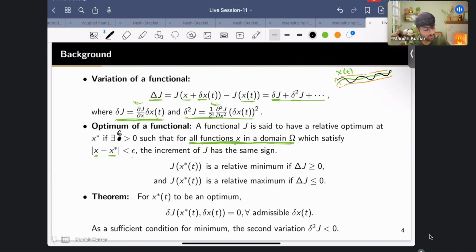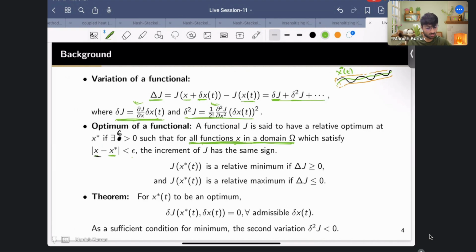The value of x should be in the neighborhood of this green line. This is what it means, that it is optimum at x star if you take any x which is in the epsilon neighborhood of x star. This is your x star, the green line, such that this increment delta J should have a fixed sign.